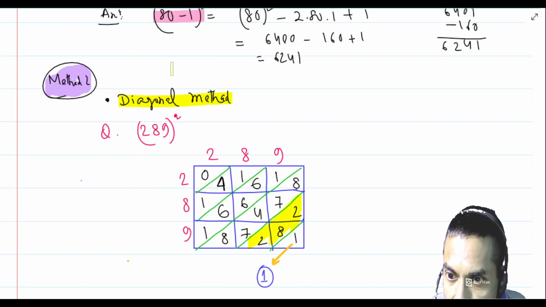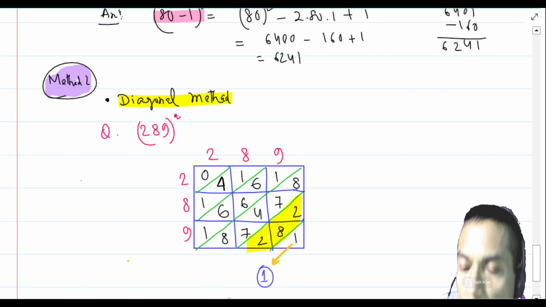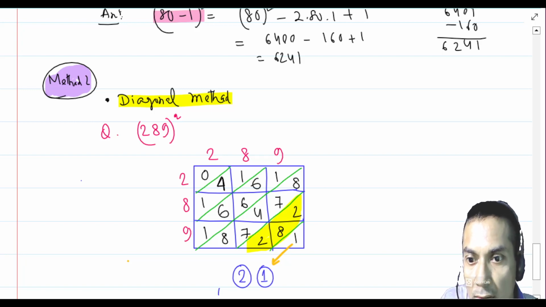In this direction you have to add the numbers. So 2 plus 4, 4 plus 8, 12. So you write down 12 here. You take the 2 and carry forward 1. Clear? The 2.